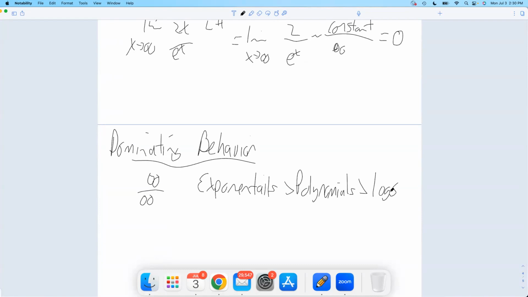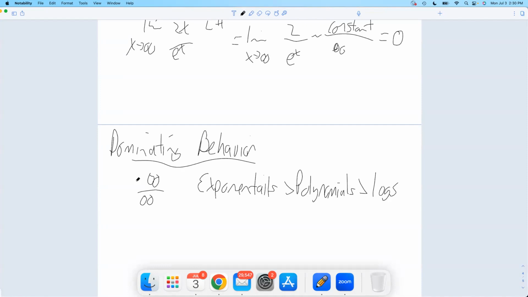You're going to do a lot of limiting behavior in Calc 2. Especially when you get to sequences and series, you're going to look at end behavior of things that look like fractions. And you just got to be quick that you can just look at it and know the answer. Exponentials are always going to beat any kind of polynomial, and any kind of polynomial is going to beat any kind of log.